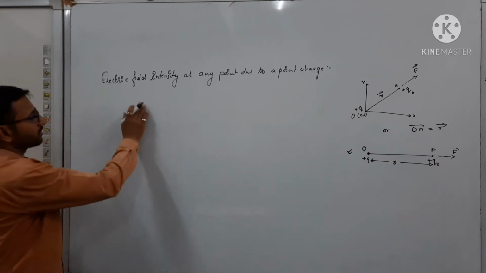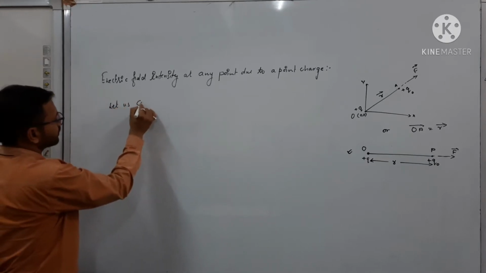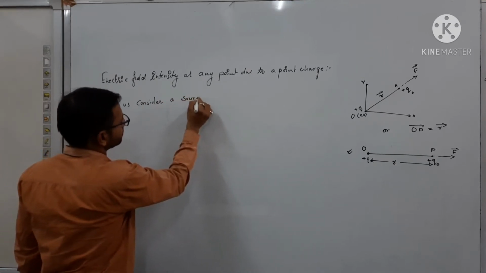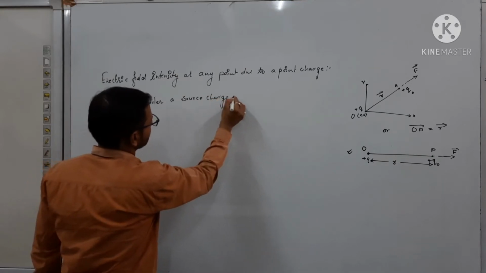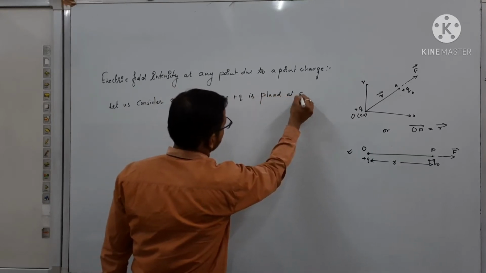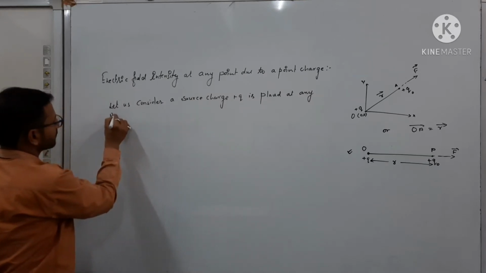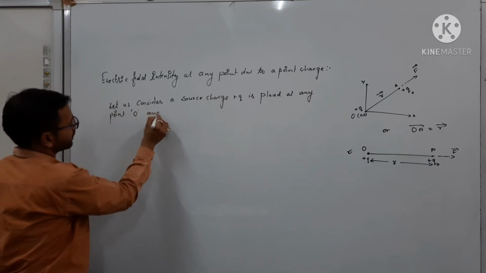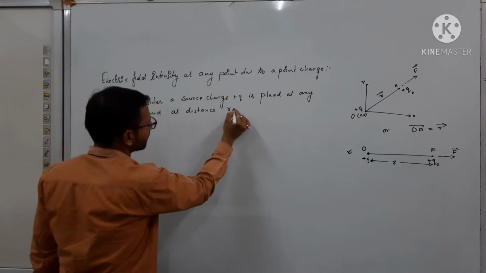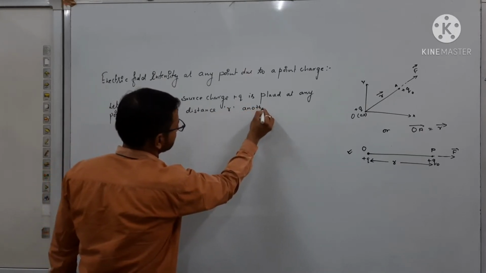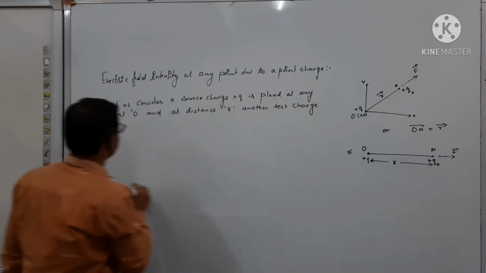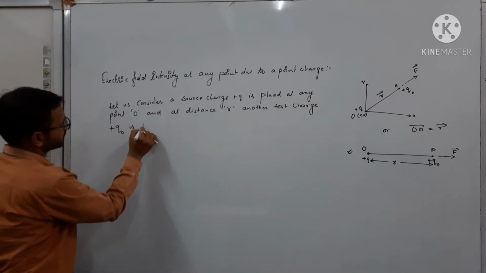So what I will write first: let us consider a source charge, which is our point charge, source charge plus q, placed at any point O, and at distance r another charge, the test charge plus q naught, is placed.